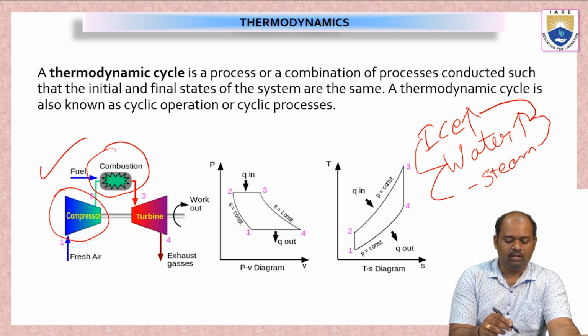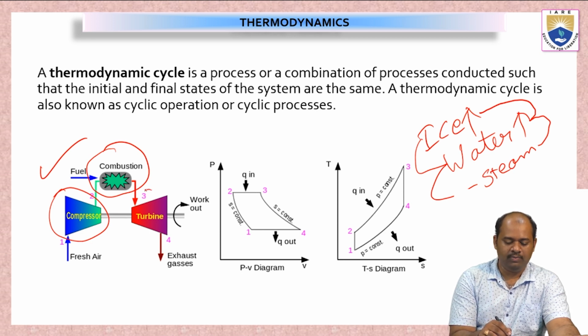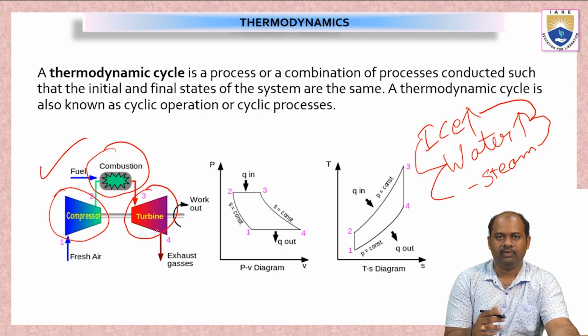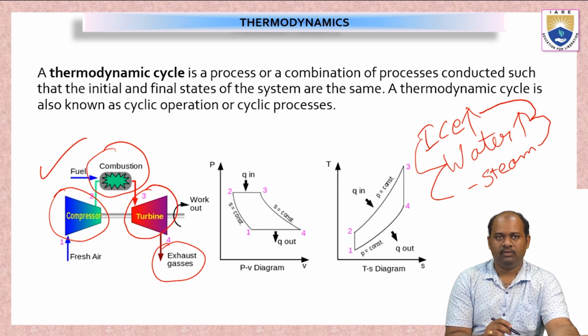After the combustion has happened, the heat is sent into the turbine. Now this turbine will rotate using the energy from the combustion. Then the exhaust gases coming from the turbine will be taken out. So this is a process where we are converting chemical energy into mechanical energy.